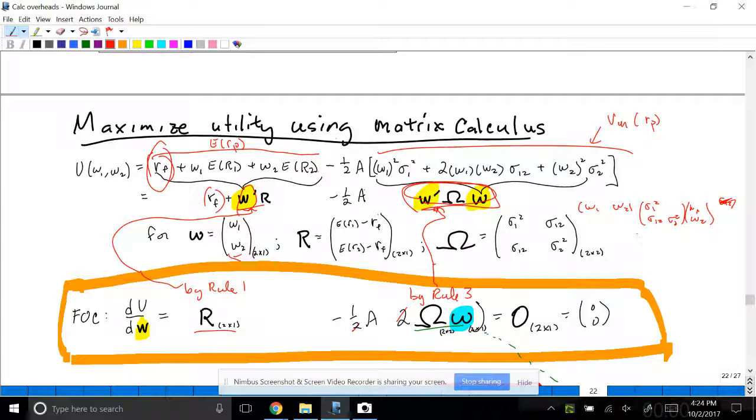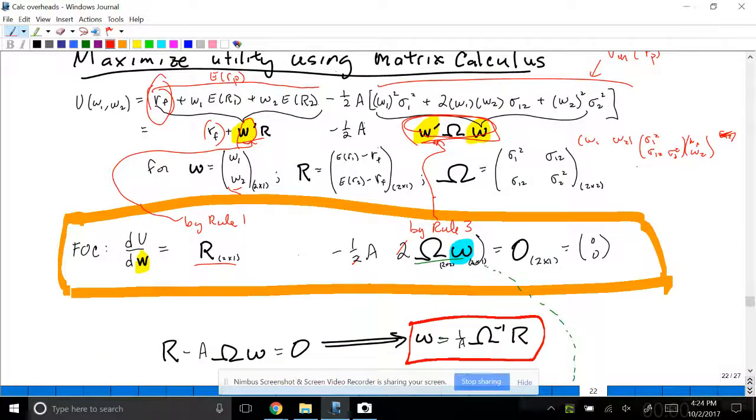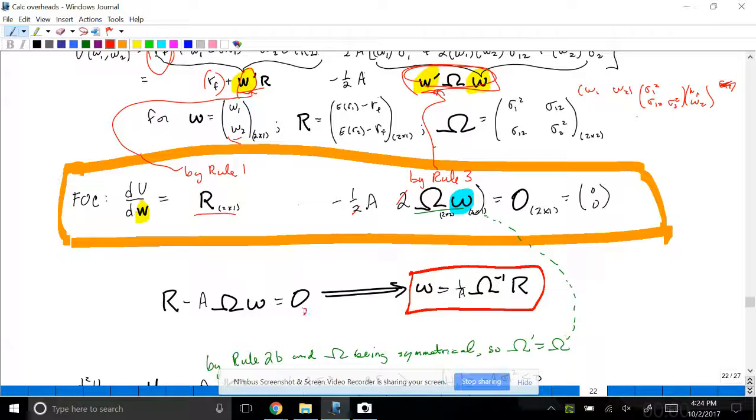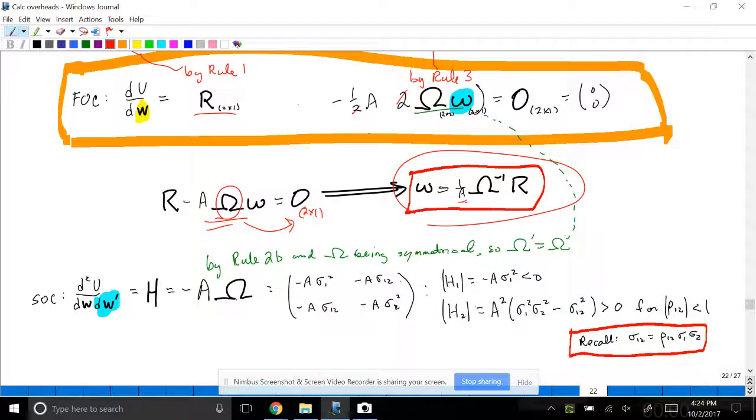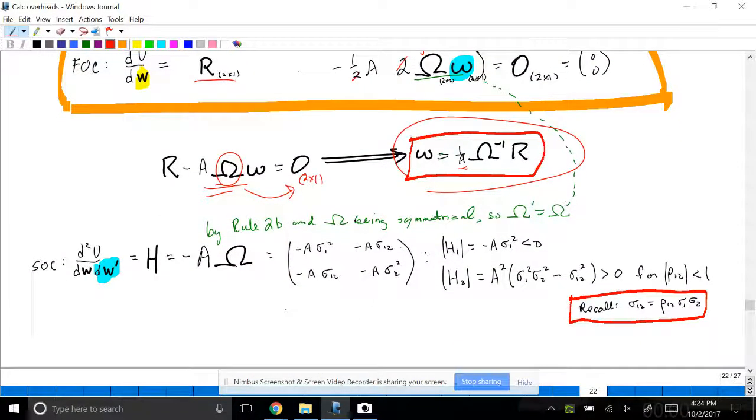And so we get our first order condition. We can set that equal to a 2x1 vector of zeros. Bring this over to the other side, divide through by the scalar A, the risk aversion coefficient, take the left-hand inverse, and we get the same equation. It's pretty cool.